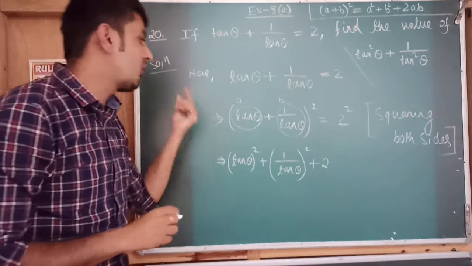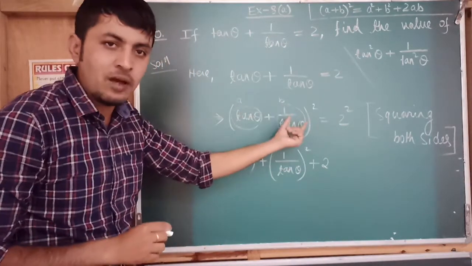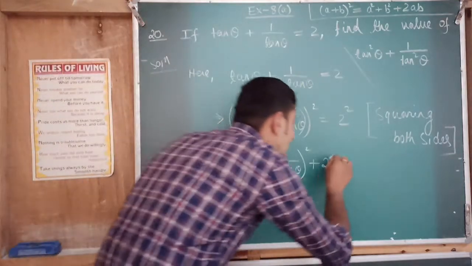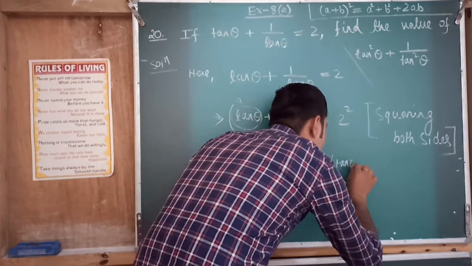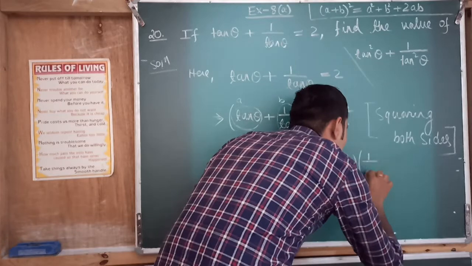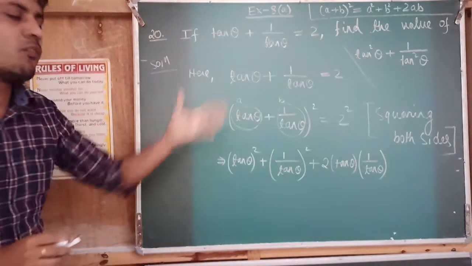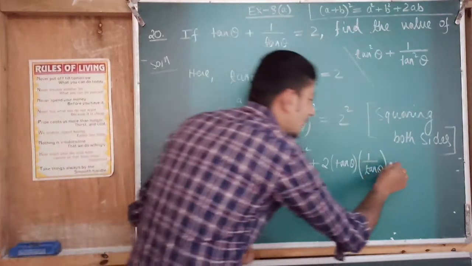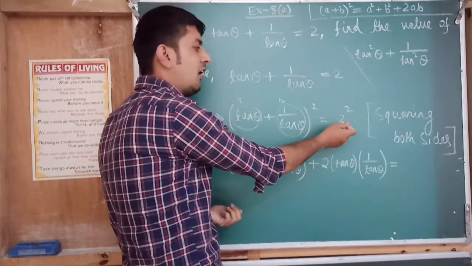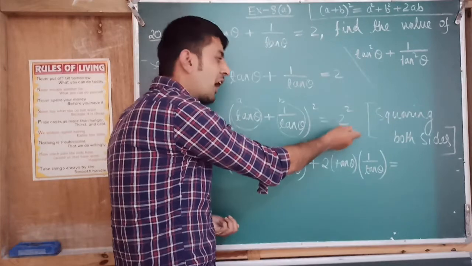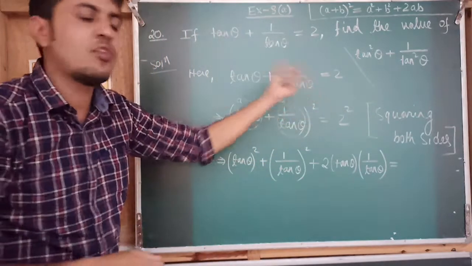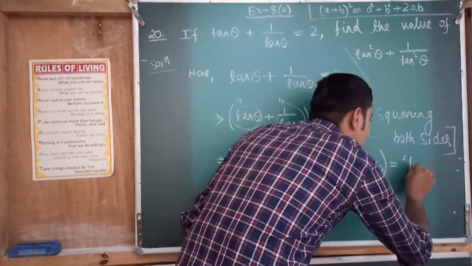Twice ab means 2 into tan theta into 1 by tan theta. So you have got your left hand side. And what is your right hand side? Your right hand side is 2 square. What is 2 square? It is equal to 4.